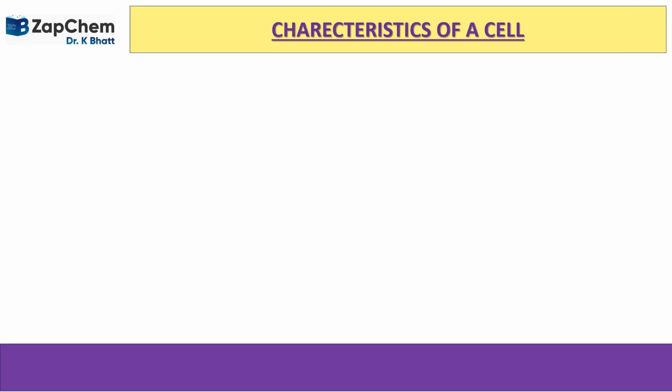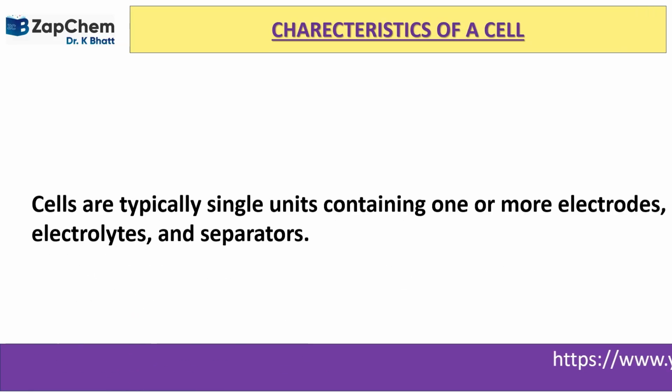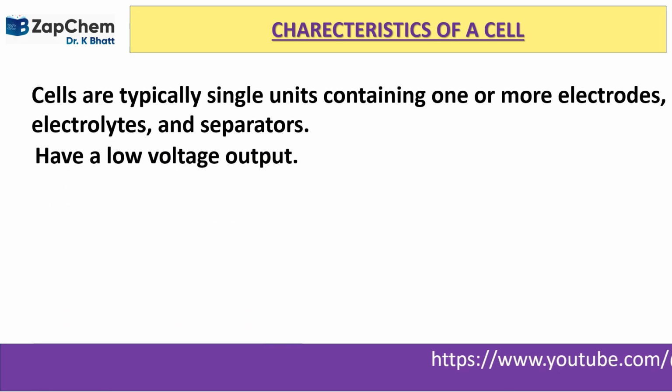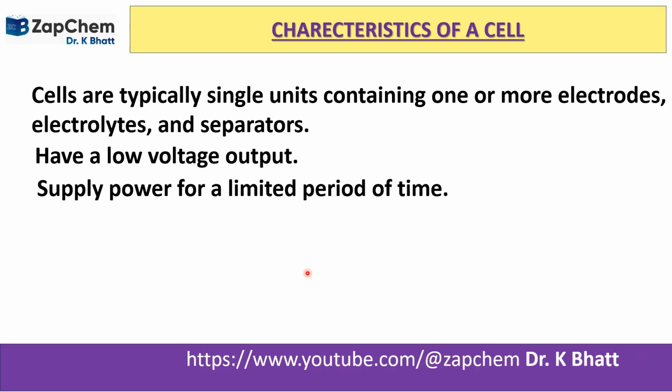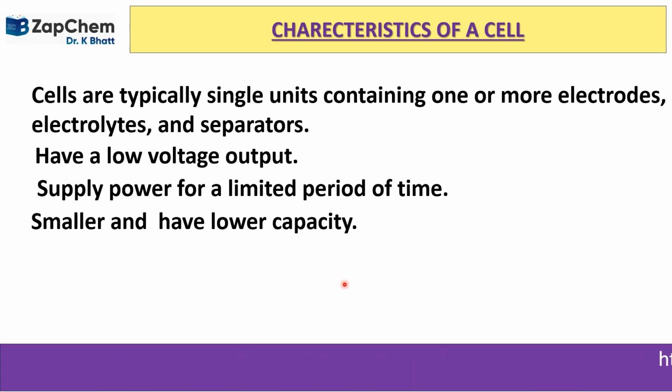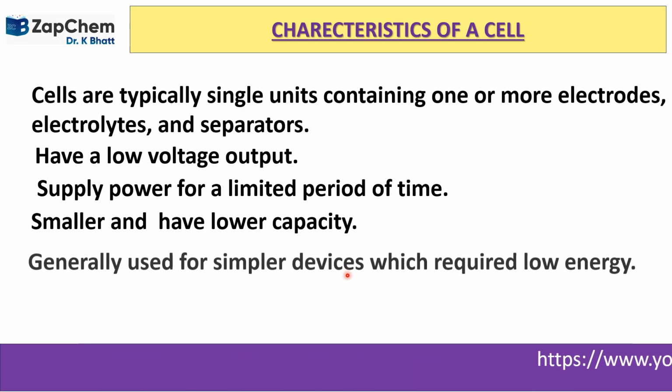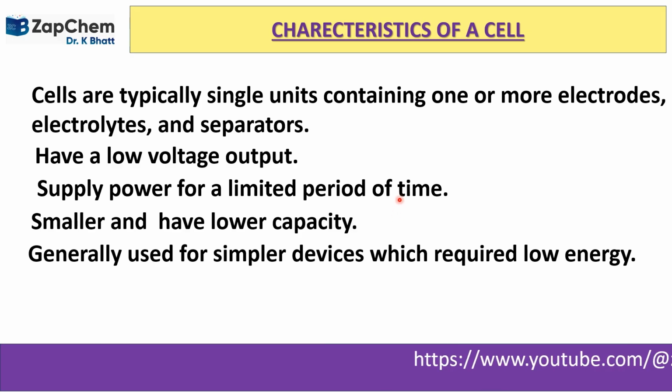And then there are certain other points which give us the characteristics of a cell: low voltage output, supply power for a limited period of time, smaller and lower capacity, generally used for simple devices where low voltage is required.